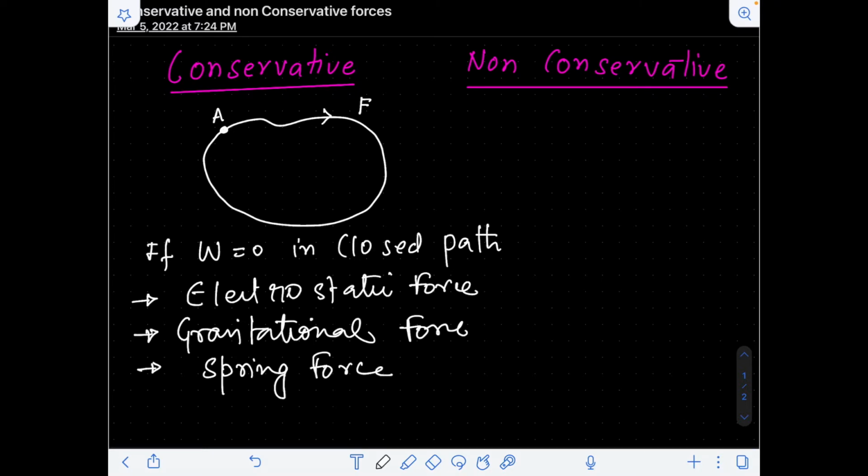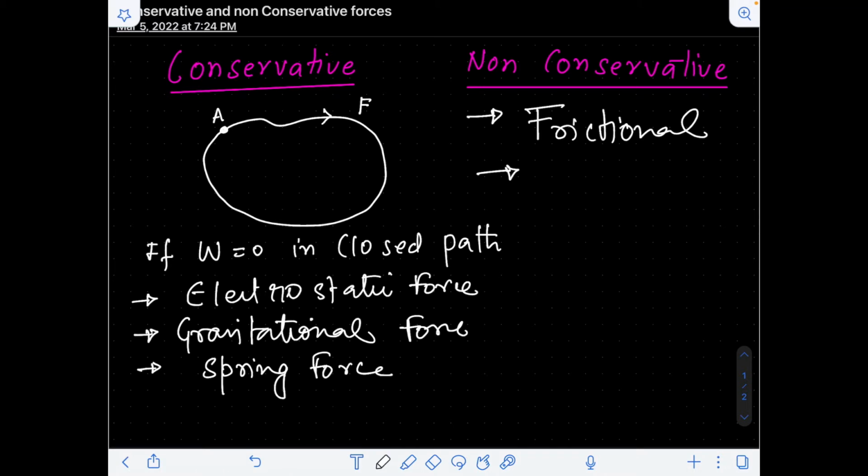We will discuss a little bit why these are conservative in nature. The examples of non-conservative forces are the frictional force, which is your favorite one. The frictional force is non-conservative in nature. Next, the force that arises due to a fluid.